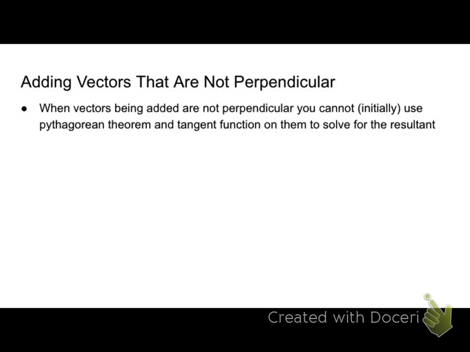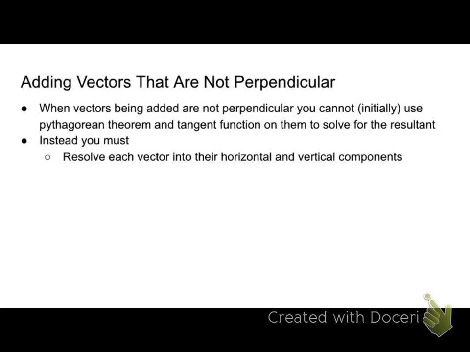So when vectors that are being added are not perpendicular, you can't initially start off by using Pythagorean theorem and tangent function to solve for their resultant, because they're not at a right angle to each other, so Pythagorean theorem doesn't work. Instead, you have to start by resolving each vector into their horizontal and vertical components, which is what we just did with sine and cosine.